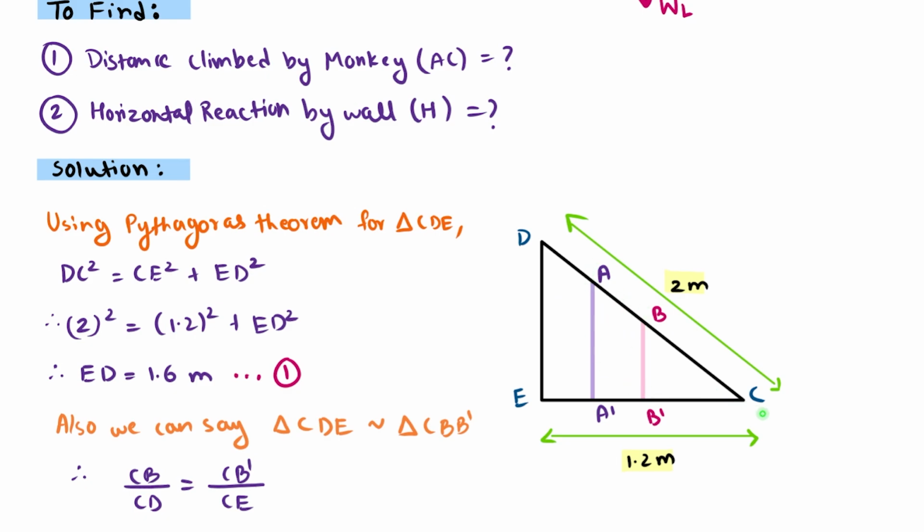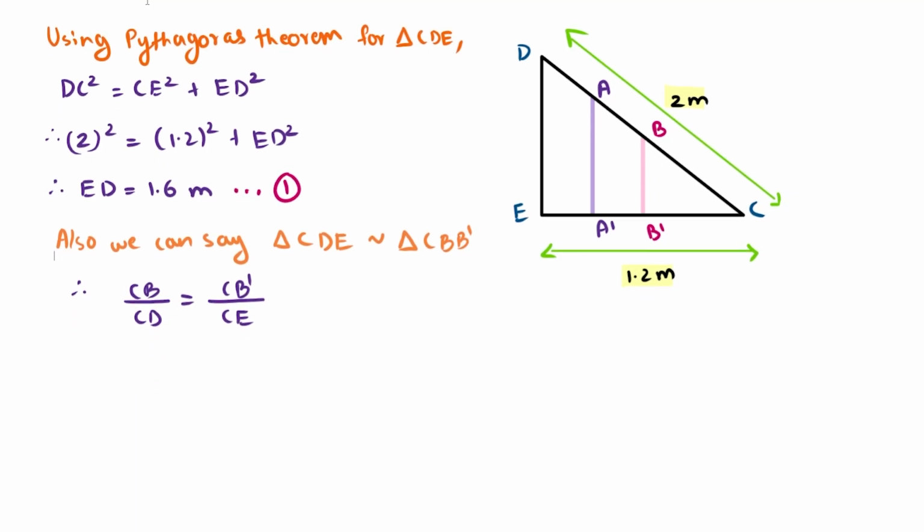So based on that, the ratios of the sides should be equal. So if I were to calculate the ratio of side CB to CD, and then calculate another ratio of side CB dash to CE, I would find both those ratios to be equal, as both the triangles are similar. So I can say CB upon CD is equal to CB dash upon CE.